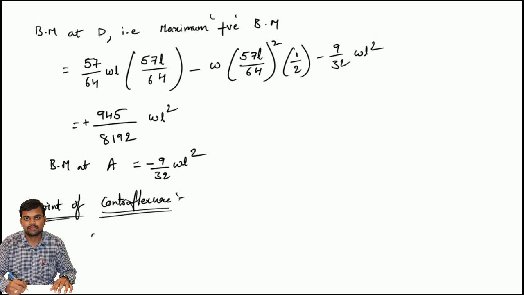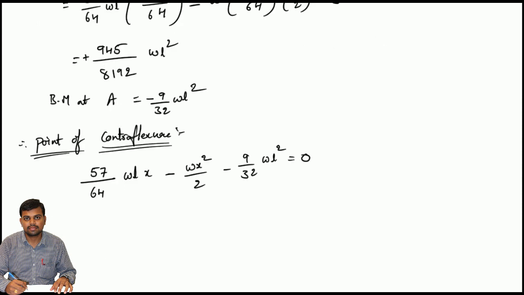For this I am considering a section where the bending moment is 0 at a distance of x from A. So I am writing 57 by 64 WL into x minus W x square by 2 minus 9 by 32 WL square equal to 0. From this, I need to find the x value.